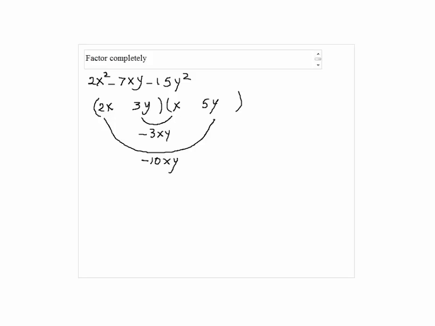What times what gives you 2x to the power of 2? We can try 2x and x. And for minus 15y squared, we get 3 and 5, so 3y and 5y.